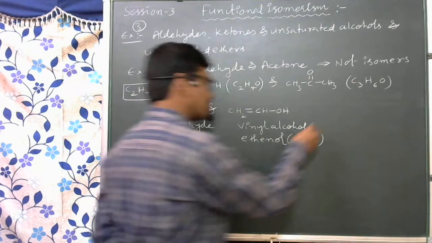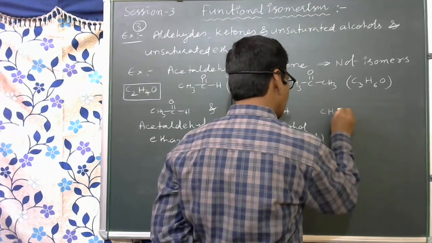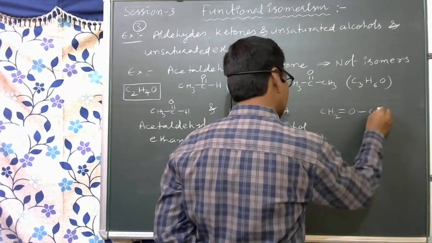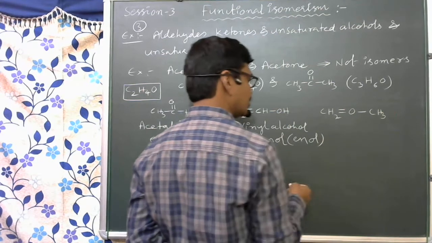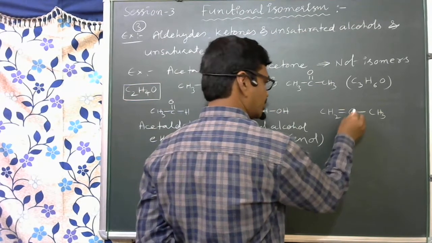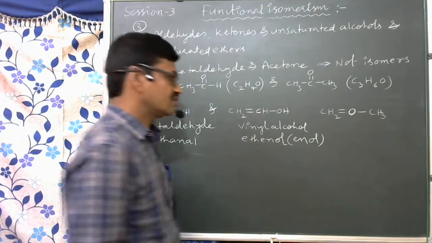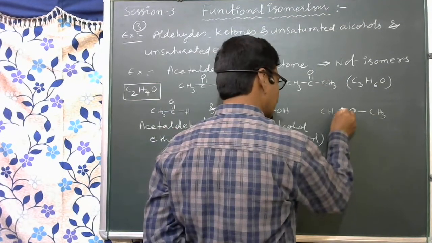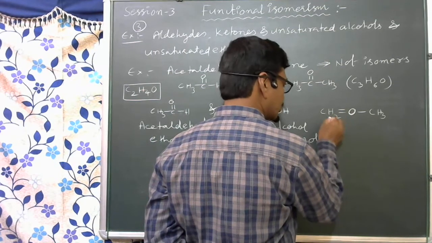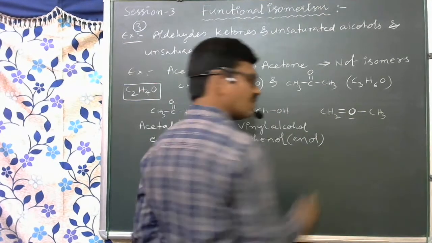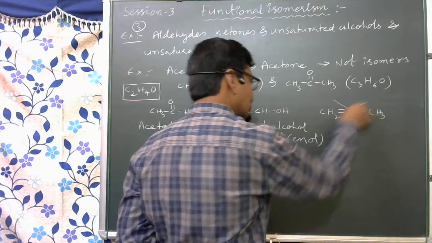So like this, we can't write CH2=O-CH. It is not possible, because oxygen cannot show trivalency. Here the double bond is two bonds and two hydrogens, so four valence is satisfied, but here the valence is not satisfied, so this is not possible.